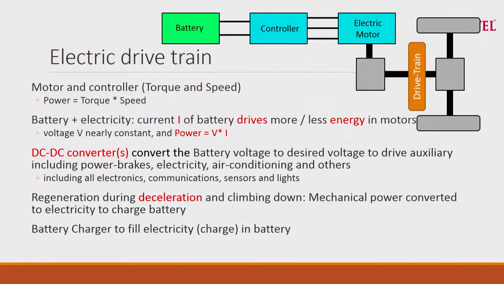And regeneration during deceleration and climbing down. So, essentially motor acts as a generator. This will be covered well by Kannan when he talks about motor, how it can also act as a regenerator. So, that is a very big plus, we can straight away do that, we do not need extra things.